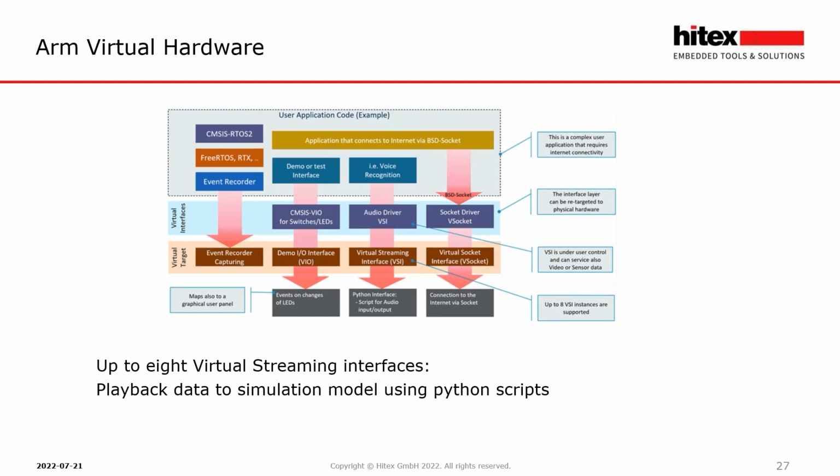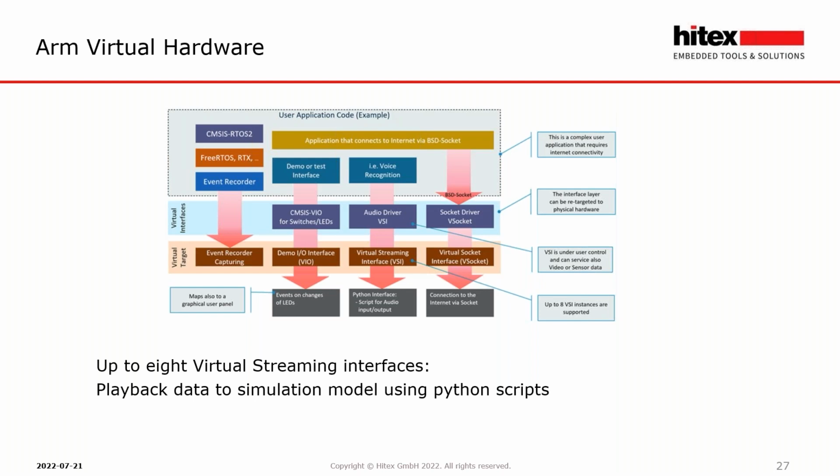So things like DMA, a virtual socket interface. And on top of this, there is a virtual streaming interface, which is effectively driven by Python code, so that we can have a file, for example, of sensor data. And then as we run the simulation, that sensor data is input into the simulation model.